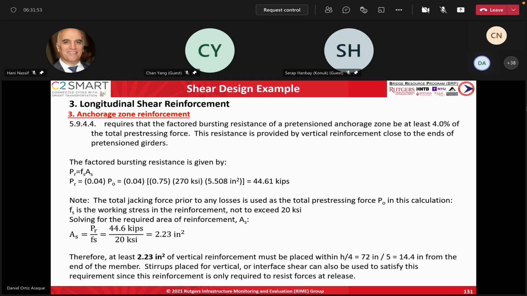But note that this force has to be no less than 4% of the total pre-stressing at transfer. The total pre-stressing at transfer is 44.6 kips. If you calculate the area of steel based on this formula, we need to provide 2.23 square inches at the end of the support.